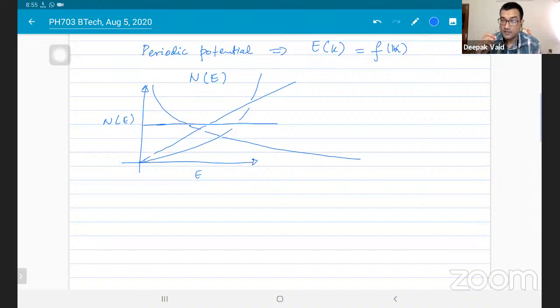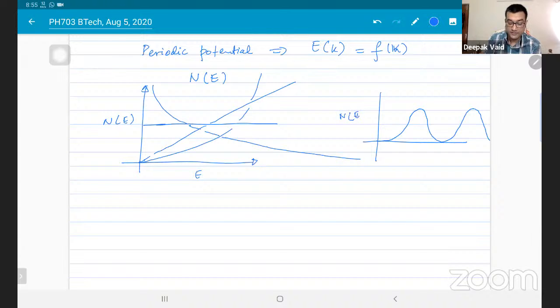And again, for instance, if you have a lot of empty states, then that tells you the material can be a good conductor, right? And if you don't have any accessible states, if there is a break in the density of states, it's possible that the density of states can also oscillate. It can also behave like this. Let's say this is my density of states for some substance. What does this tell me?